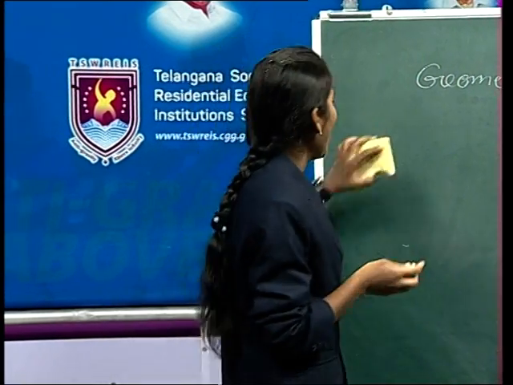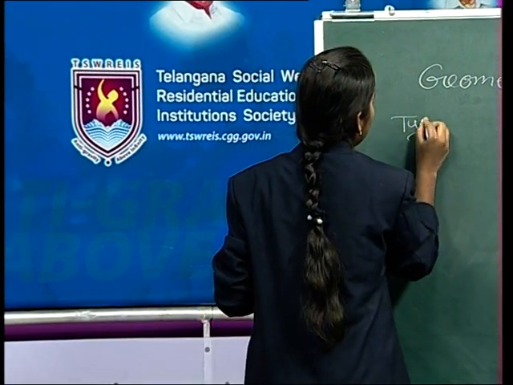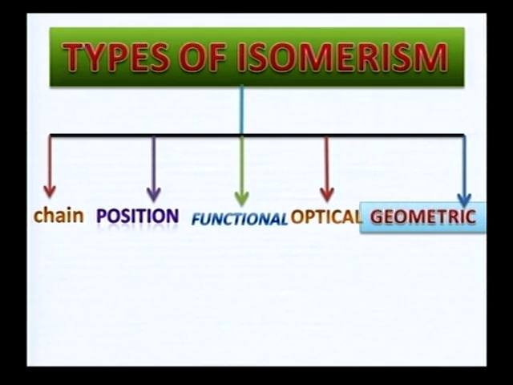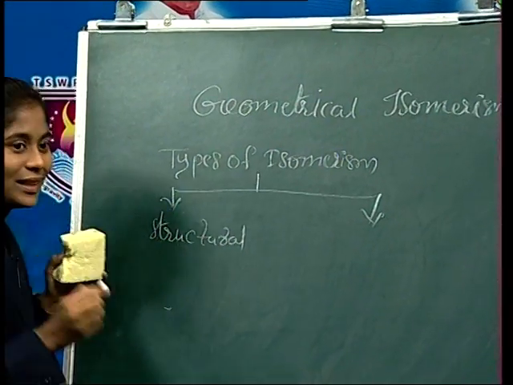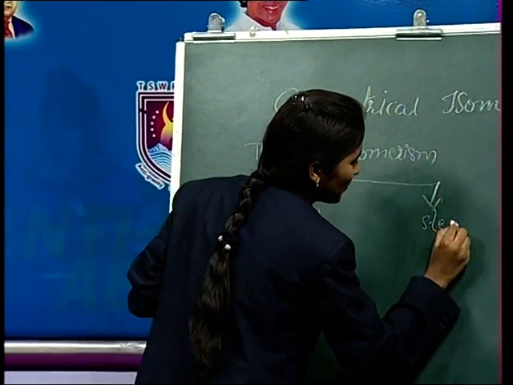So, types of isomerism. Here the isomers are classified into two types. What are they? Structural isomerism and stereo isomerism.